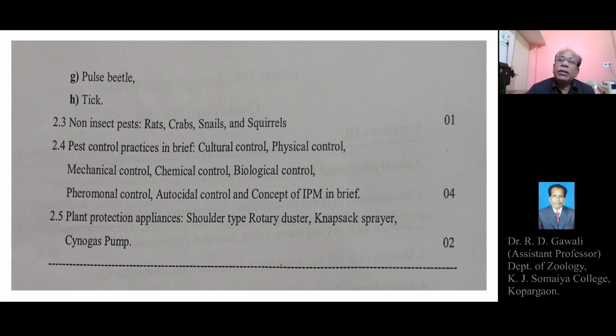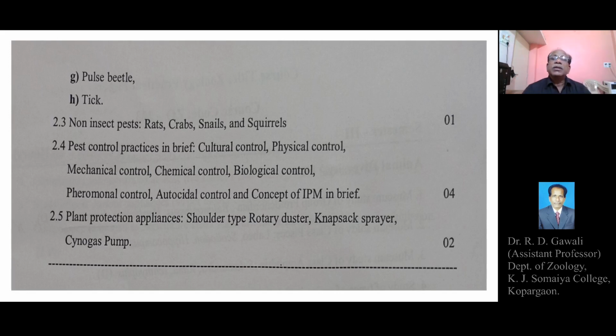Commonly the farmers use dusters and sprayers, that is shoulder type rotary duster or knapsack sprayers, for the application of powder and liquid pesticides.